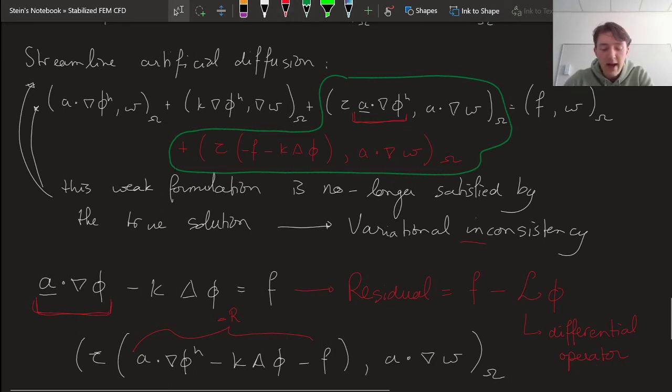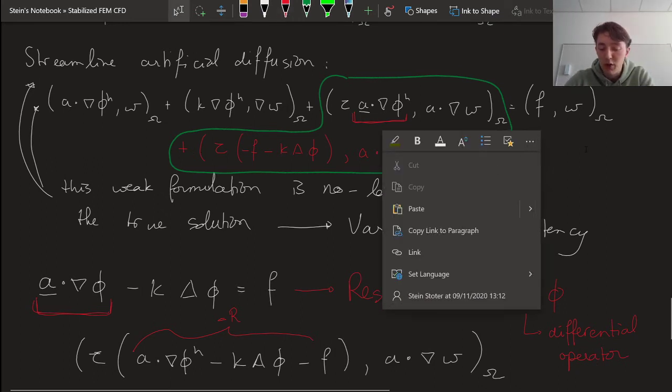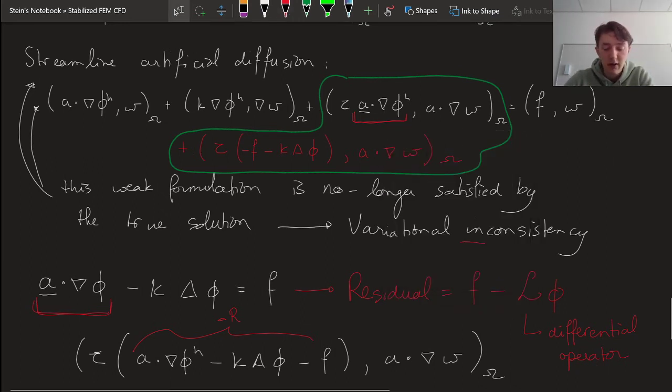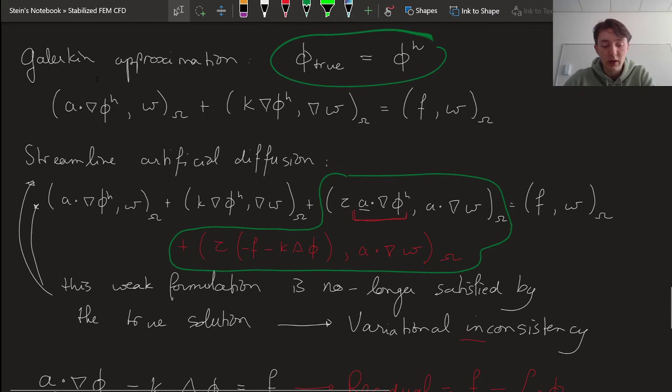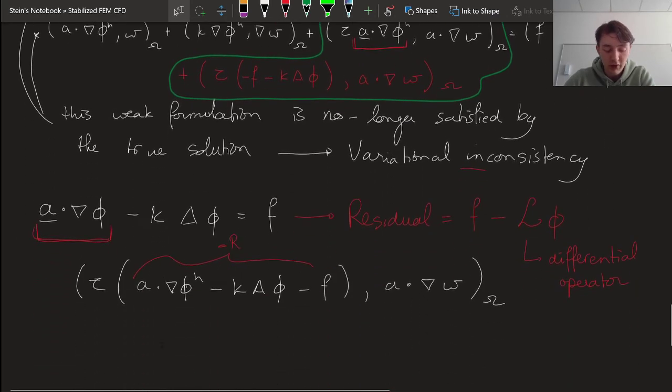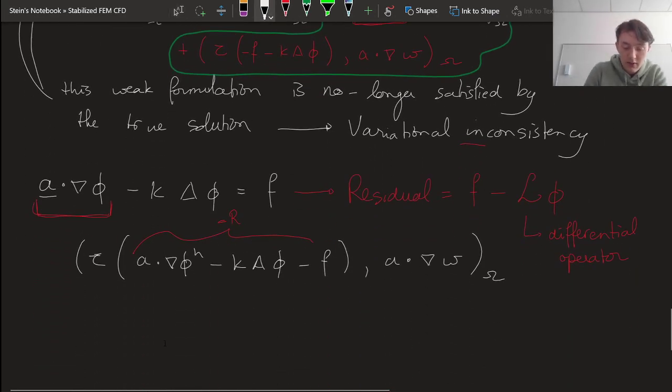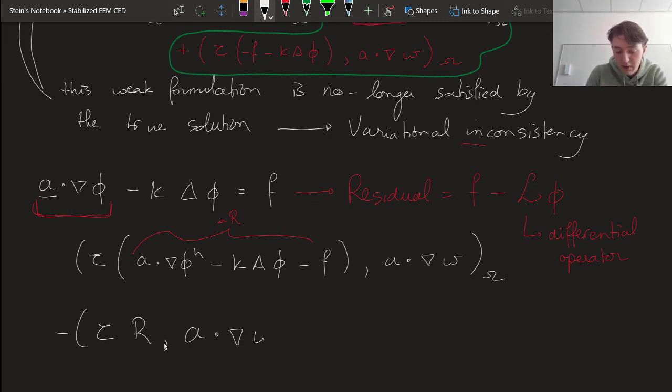So we see that if we add now these new terms to our streamline artificial diffusion, then the additional term that we add compared to the Galerkin approximation is actually something of the form tau times the residual, or minus tau times the residual, times a dot gradient w.